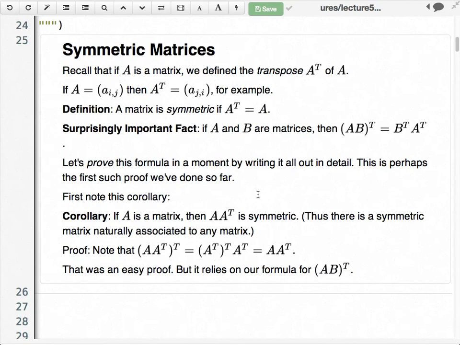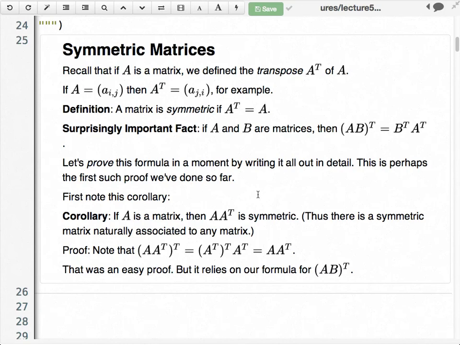Well, then you could make a generic 2-by-2 matrix, a, b, c, d, and another one, e, f, g, h, and multiply them together and then transpose. But you get a big mess. It would work out, but it's kind of tedious to try to convince yourself that this is true for all possible matrices A and B for which it makes sense by such arguments.